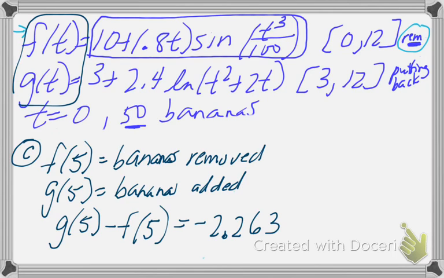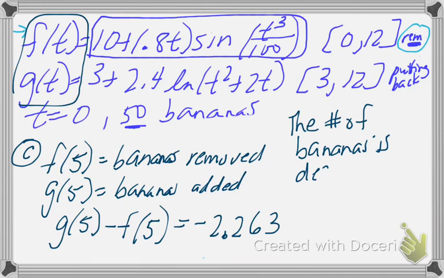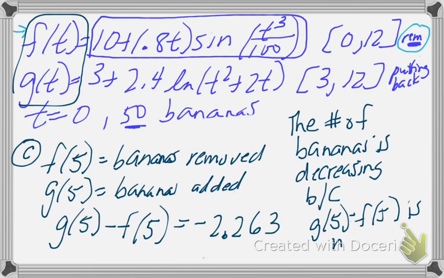Since that's negative, we have to give a reason, so we say the number of bananas is decreasing because g of 5 minus f of 5 is negative. Let me give you the point values on that. If you just consider these, you don't have to do anything with them, you got a point, and then your answer with the reason was a point. It wasn't too many points because they know that one's a little bit tricky.